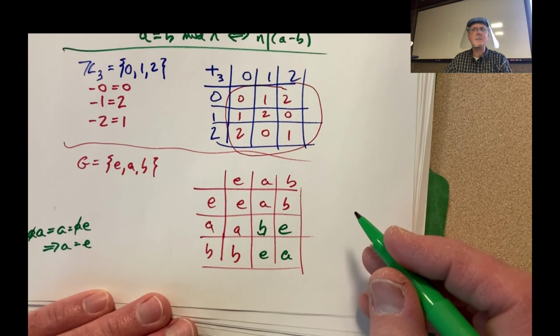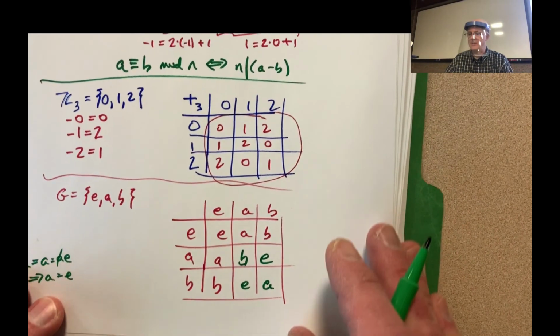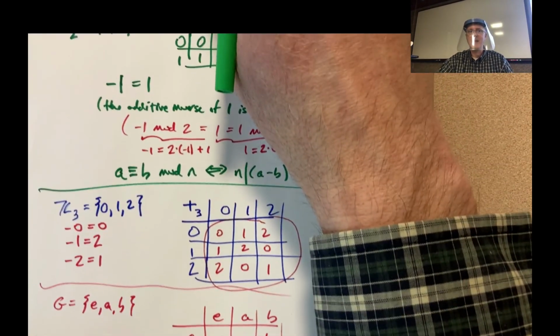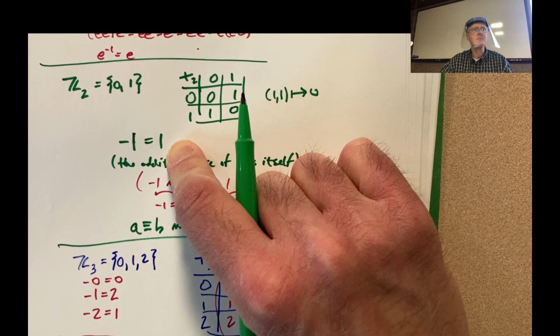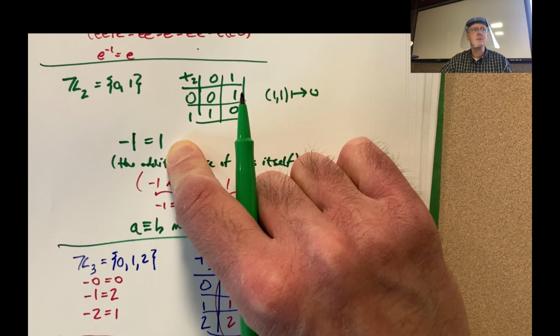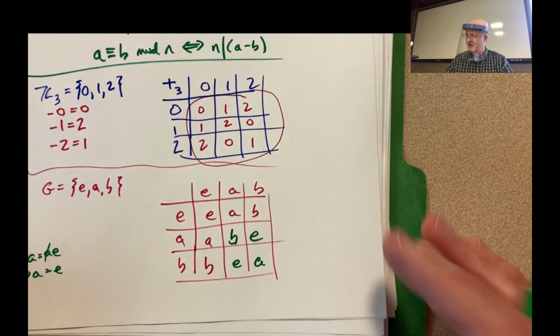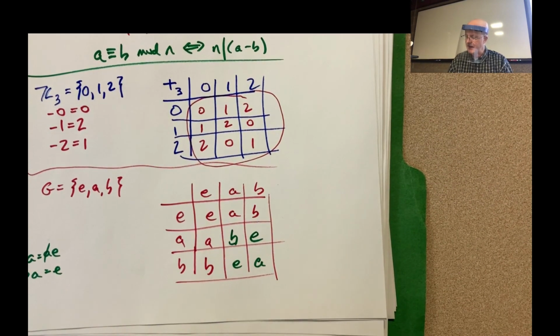Well, we have seen non-identity elements that are their own inverses. Going back up here in Z2, for example, 1 is its own inverse. It's not the identity under addition mod 2. Could I put it? Let's just give it a try and see what happens.